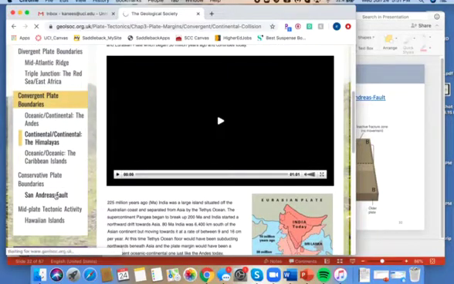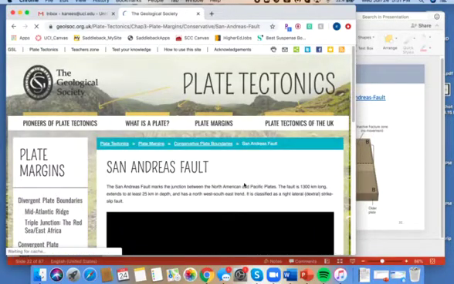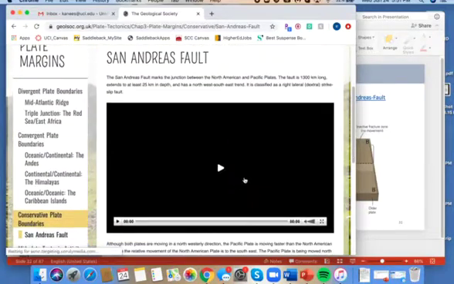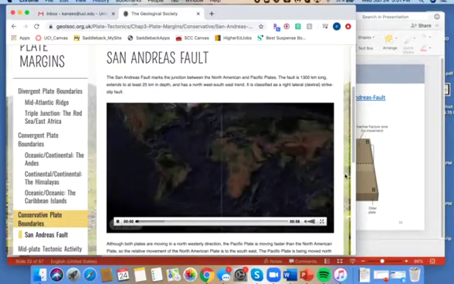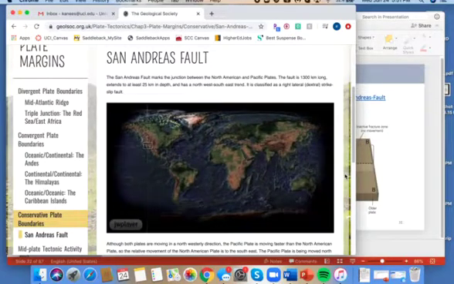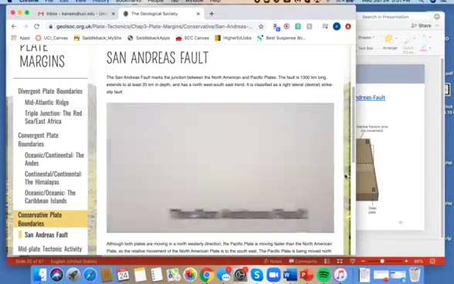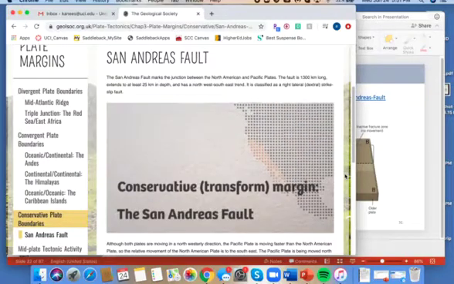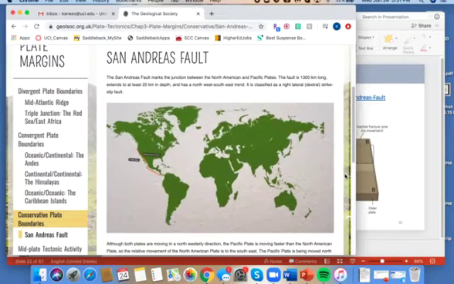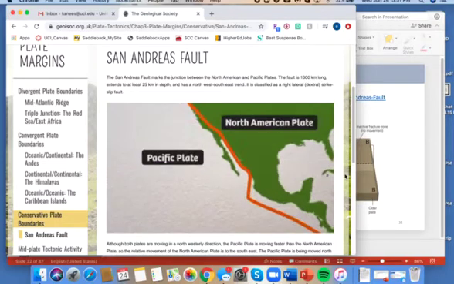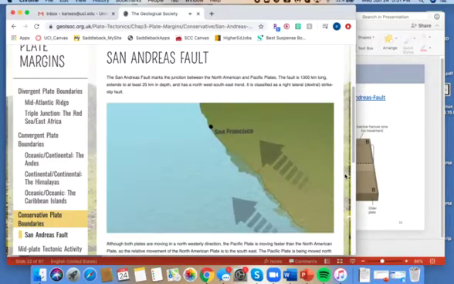So I will show you. This is an example of a transform boundary that is quite close to us if you're at UCI, the San Andreas Fault. So here we're looking at the Pacific Plate and the North American Plate.